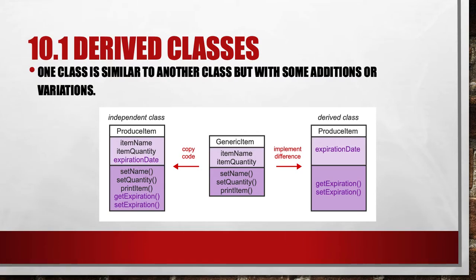But for the produce fruit, we have produce item, item name, item quantity, and expiration date. The derived class consists of the one in purple here: expiration date, get expiration, and set expiration date.